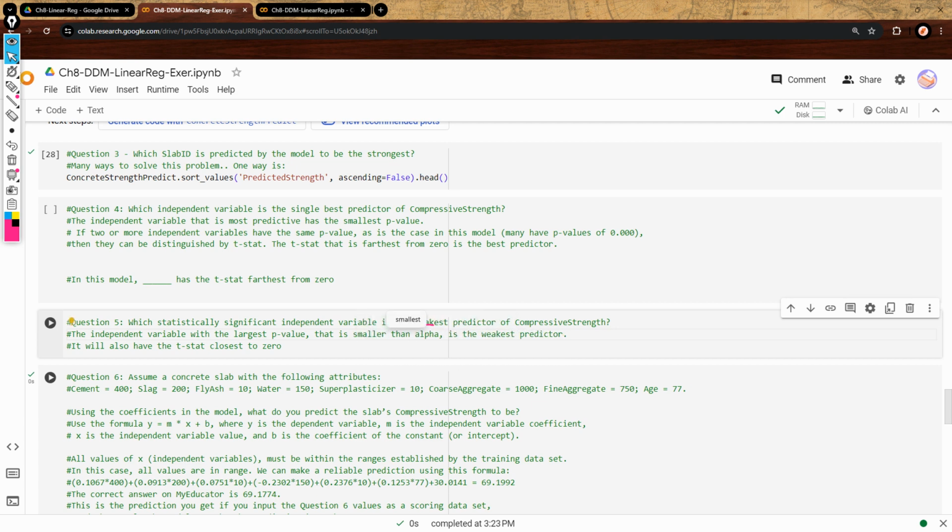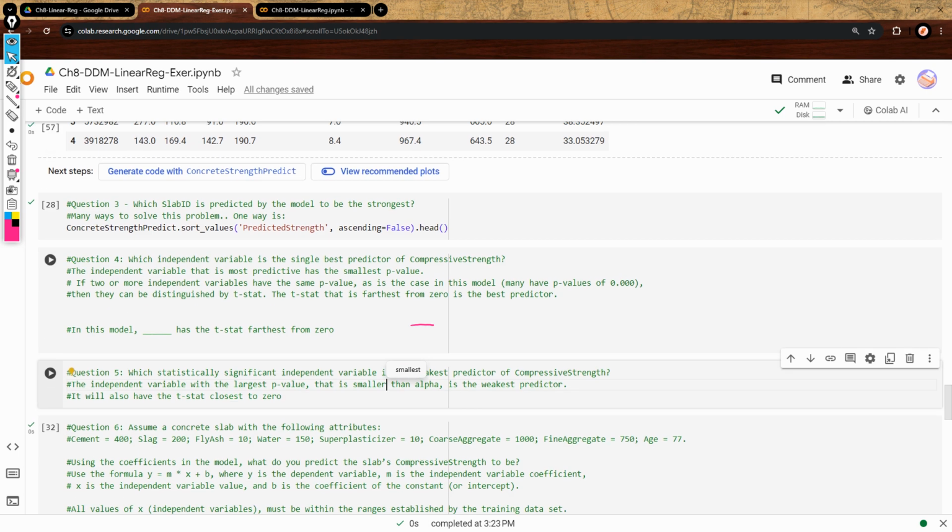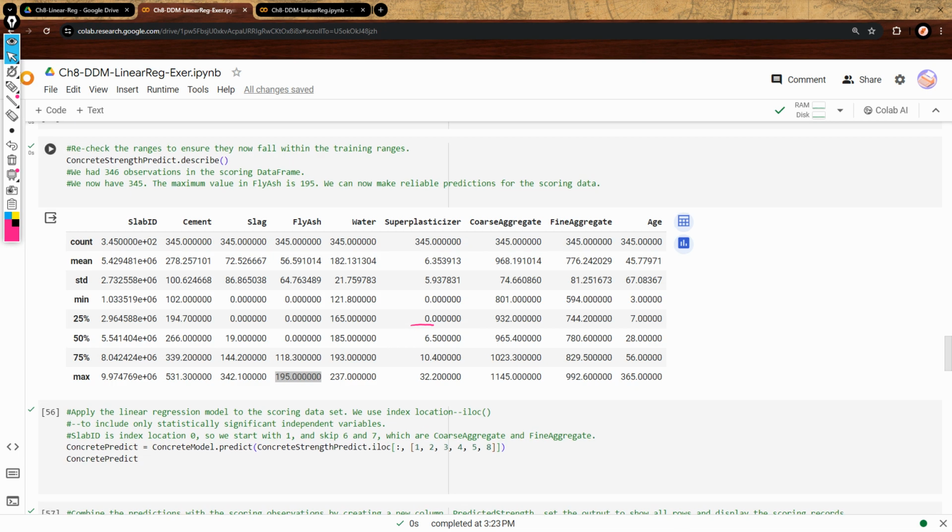Basically every p-value is smaller than 0.05 because we removed those two variables whose p-values are greater than 0.05. So every p-value at this point is less than alpha, which is 5%. But among those values, which independent variable has the largest p-value? That's the answer. Another way of saying that is it will also have the t-stat closest to 0. They're the same thing.